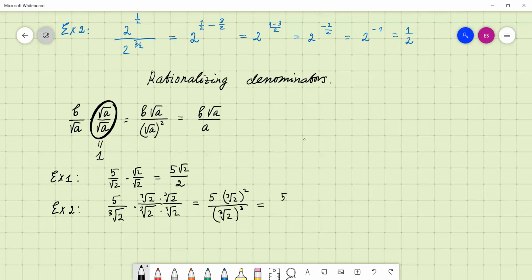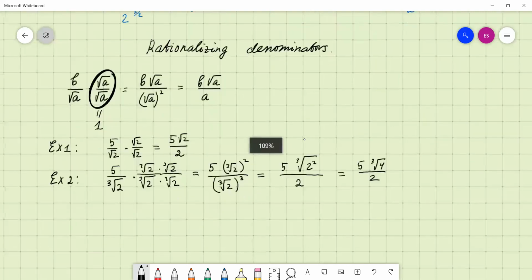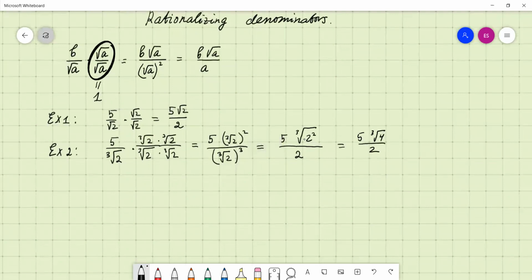I'm going to write it down like this: the cubic root of 2 squared. I can always do this. In the denominator, it's just 2. I know that 2 squared is 4, so I have 5 cubic root of 4 over 2. Mathematicians sometimes think that it's better than the previous expression, though for me, it's the same.